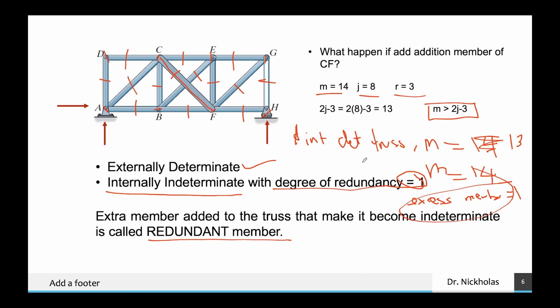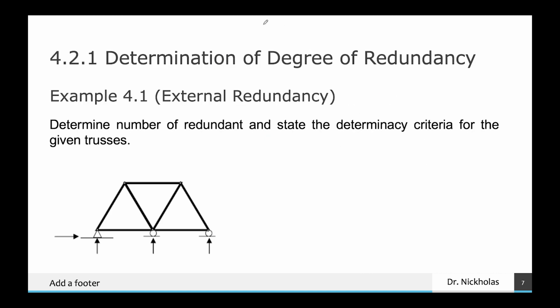Another example we want to look at here is a structure, an example of a truss that has external redundancy, which means that this truss is an externally indeterminate truss.